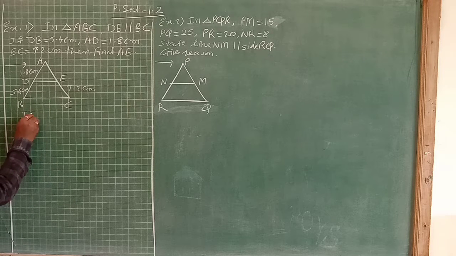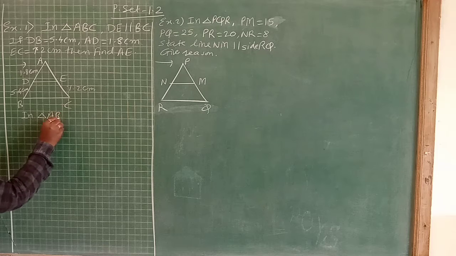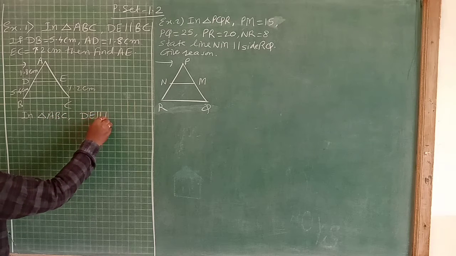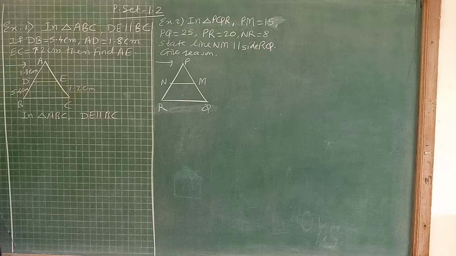In triangle ABC, DE is parallel to BC. What is given, I am not writing.